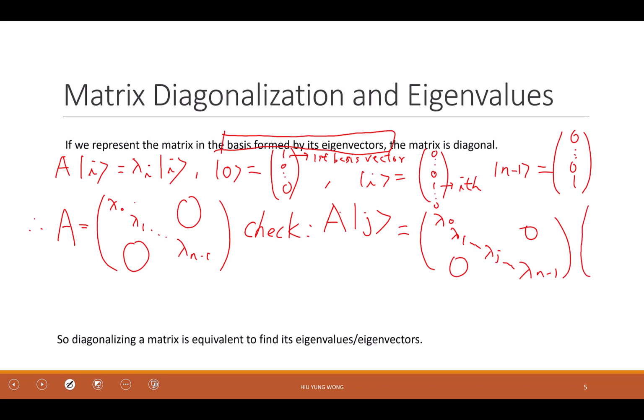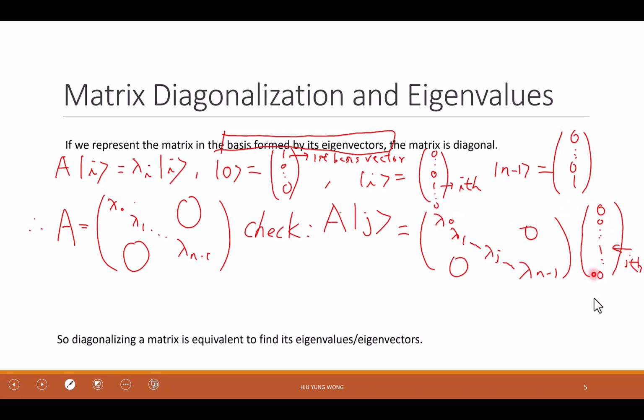And you multiply by what? How do you write the jth vector in this basis? 0 all the way to 1, and then all 0 again, and this 1 is at the jth location.